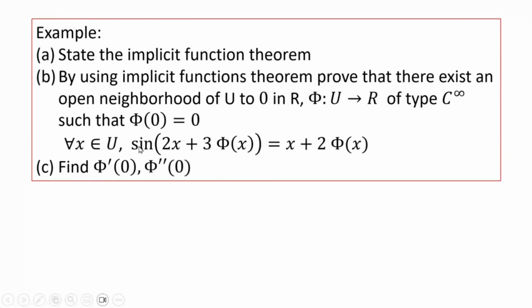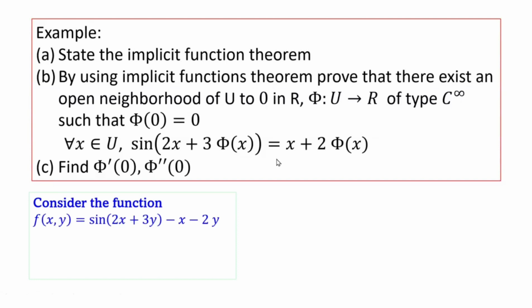So let's start with part B, because part A is a statement, so you have to memorize this statement and write it. For part B, we consider the function f(x,y) equals sin(2x + 3y) minus x minus 2y. When you consider this, you have to keep in mind that we are going to implement the implicit function theorem.